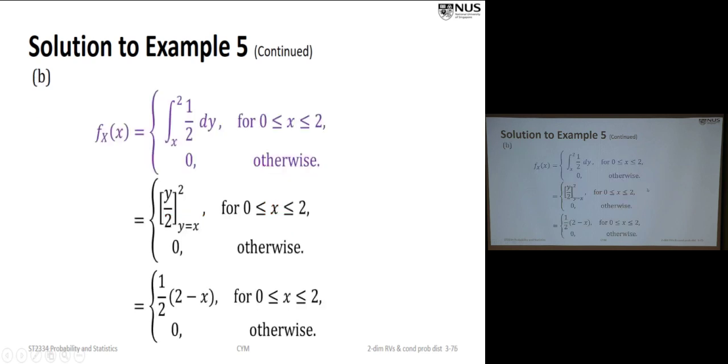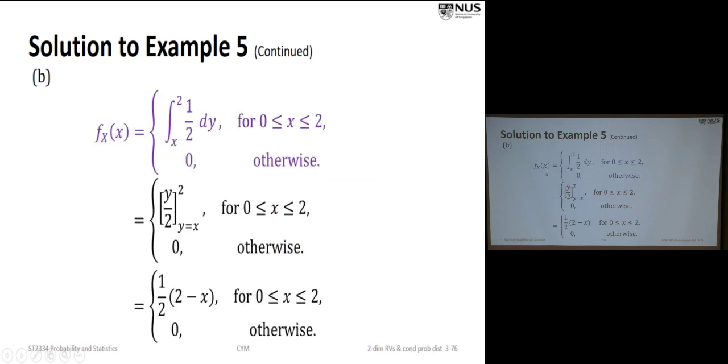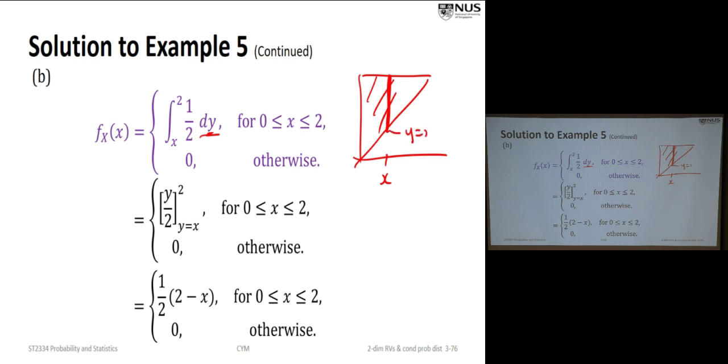So now I want to get the marginal of x, so I have to integrate out y. Remember, this is the region. For any fixed x, I have to integrate y from this point, where y is equal to x, to this point, where y is equal to 2. So it's the joint PDF integrated from x to 2.